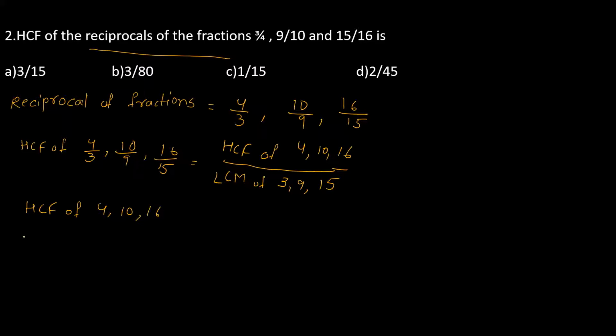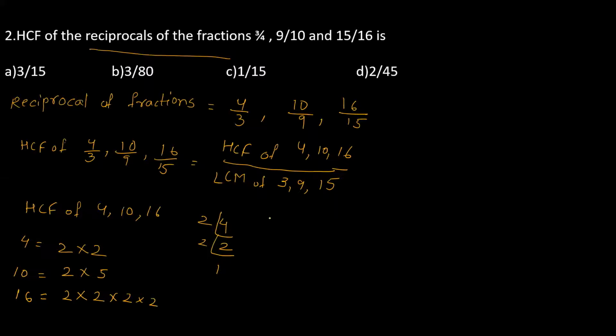We can write 4 as 2 2s are 4. Next 10 as 2 5s are 10. Next 16, 2 into 2 into 2, 2 2s are 4, 4 2s are 8, 8 2s are 16. If you have any difficulty, see how I am writing 4: 2 2s are 4, 2 1s are 2.